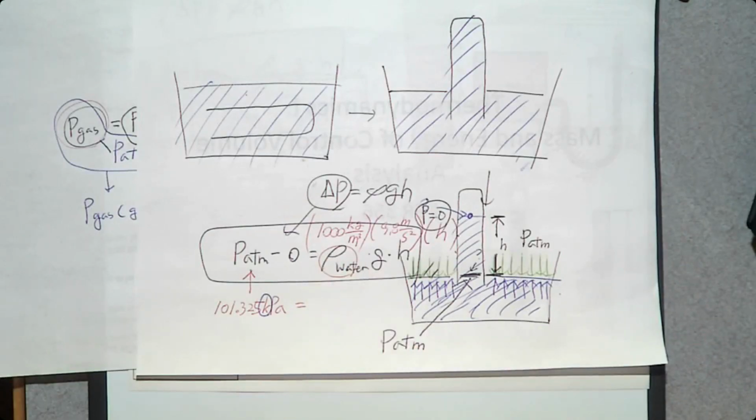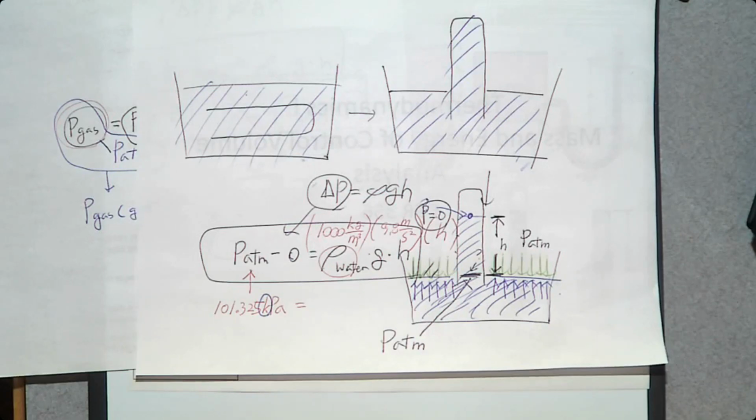So anyway, if you do the calculation, 101.325 divided by the density of water, 1,000. Now divide by the gravity, 9.8. What is the height of this barometer?